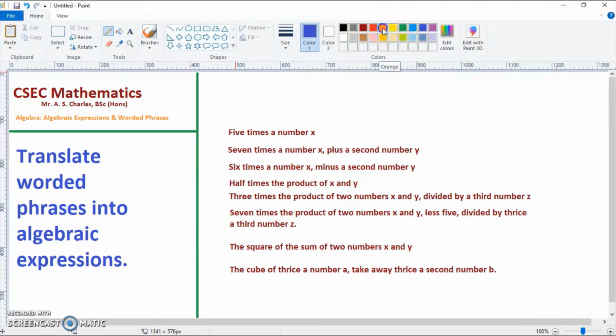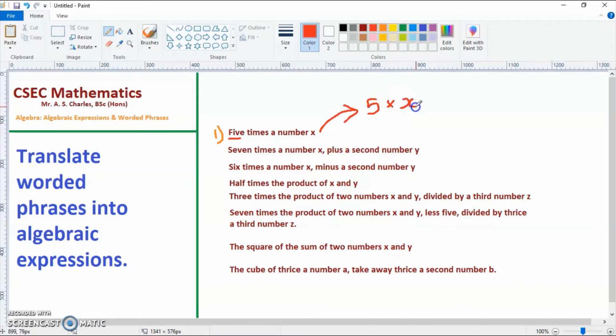Okay, so let's start off with the first one. We have 5 times a number x. Notice it says 5 times, which means 5 multiplied by. So 5 times a number x means 5 multiplied by x.